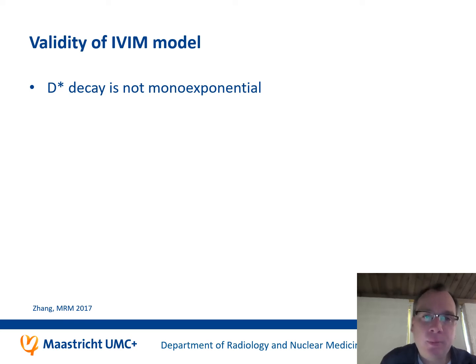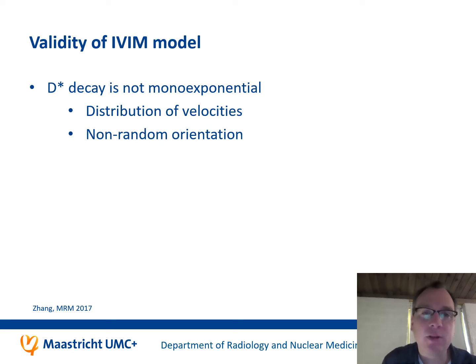We know that although it is assumed in the bi-exponential model that the D star decay is mono-exponential, in fact it is not, because if you look at the water in the blood flowing through this capillary network, there's a distribution of velocities, not just one single velocity, and this pseudo-random orientation of the capillary network is not entirely random, which makes the D star decay a little bit more complex.